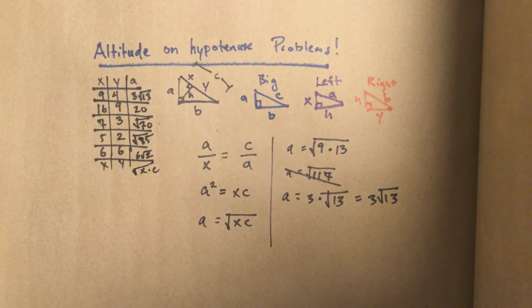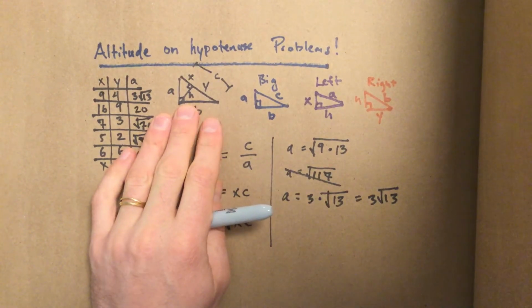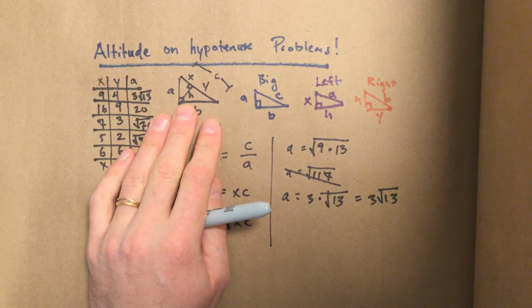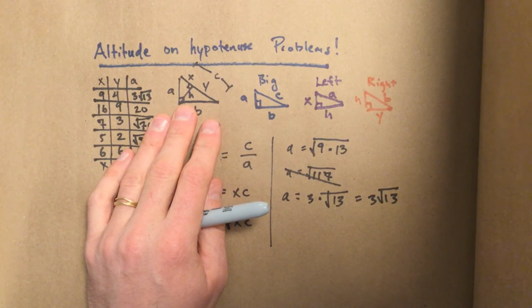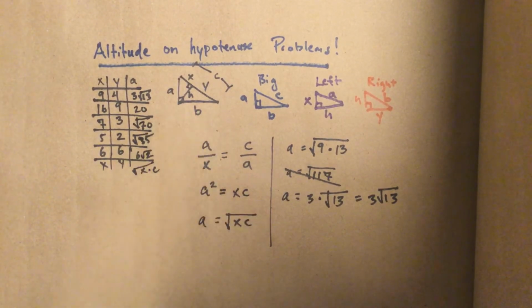Below that question, you'll see question number 2. Use the shortcut to find a in each triangle below. So for part A, 2A, you have essentially the same setup that we have up for question 1, except your triangle has been rotated.